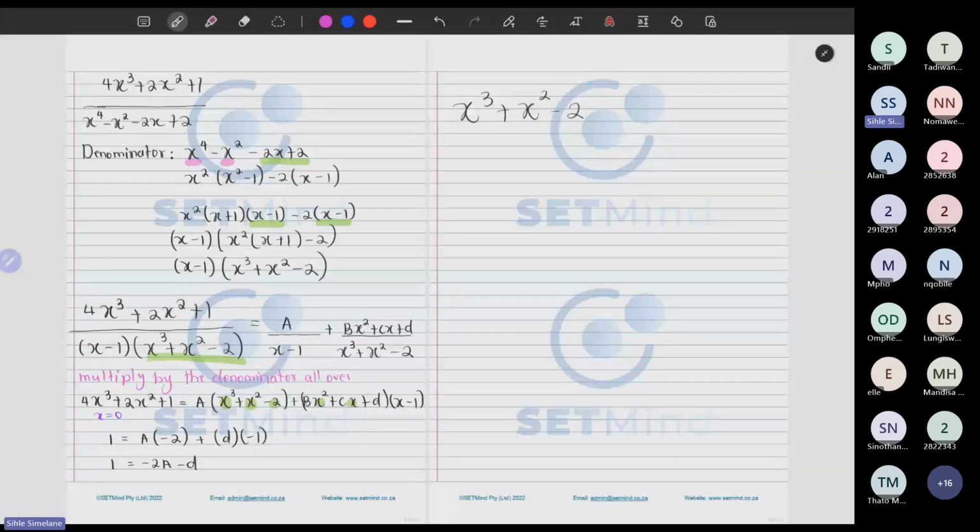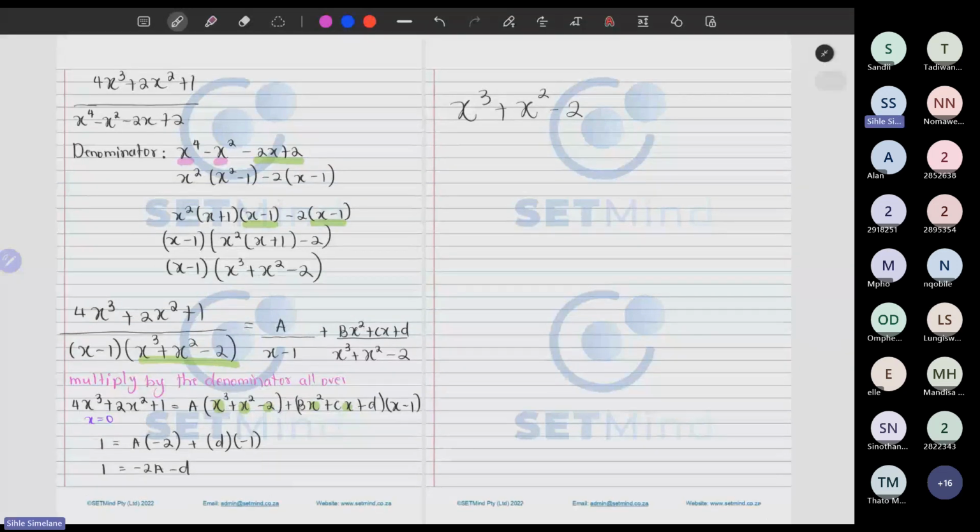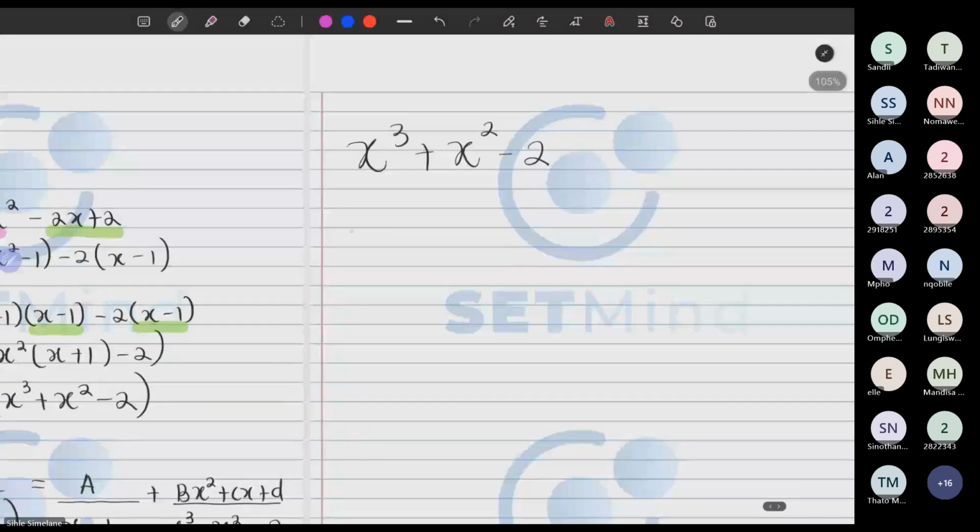So what we can do, we have two options. We can try and be smart and say, what if we had negative x squared, and what if we had 2x squared minus 2? But that would not work.